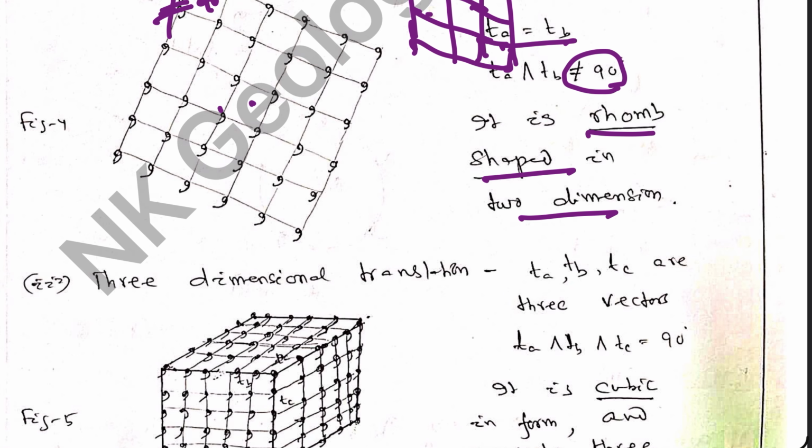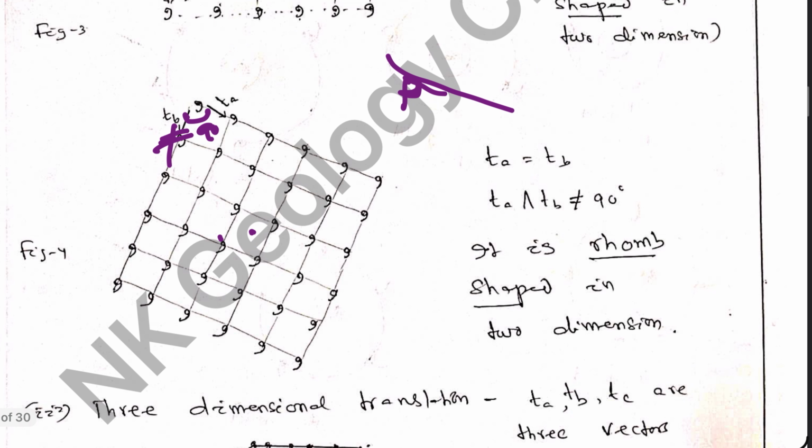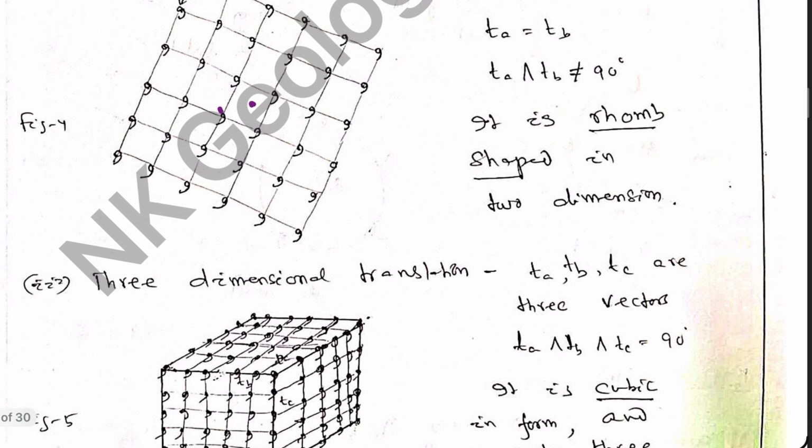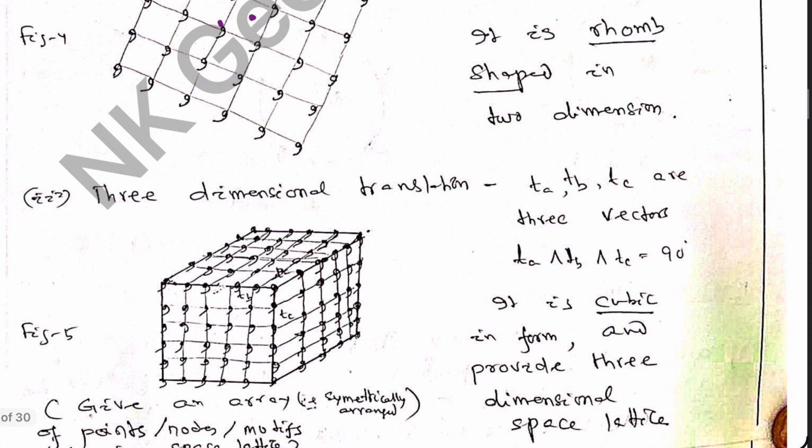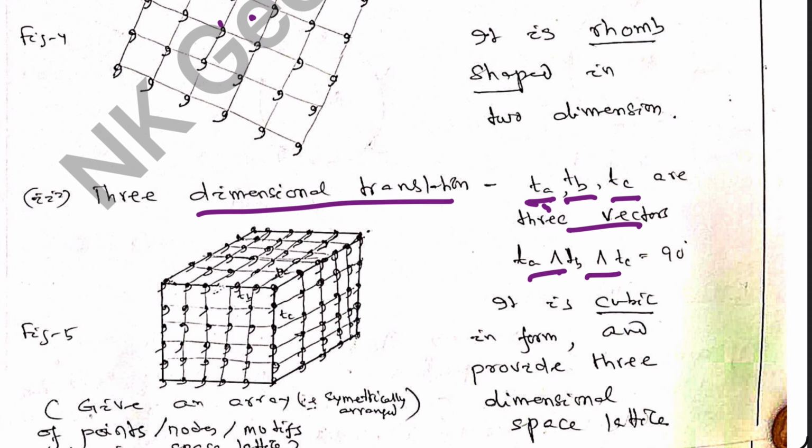If the atoms are arranged in three dimensions, then a three-dimensional structure develops. Let us see. This is a three-dimensional arrangement. There are three vectors Ta, Tb, Tc, and the angles between them are 90 degrees.